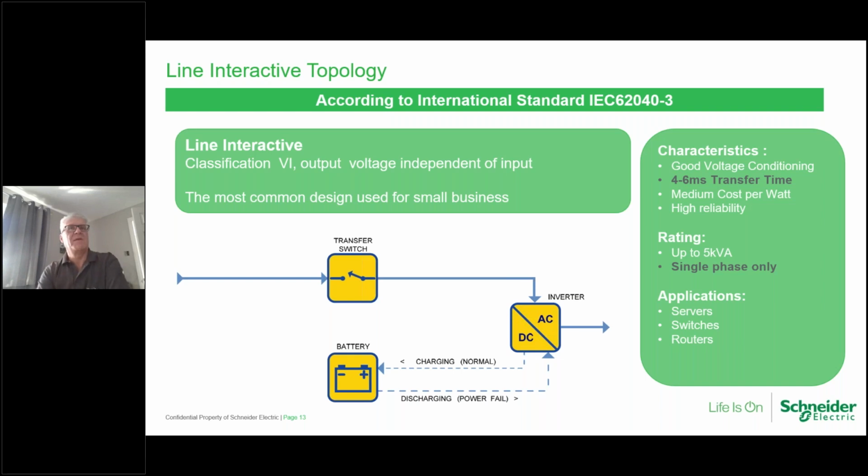Through this inverter we are also charging the battery, and in the event of failure, we do have a transfer time. It's potentially reduced under this topology, but the battery will then provide the power to the inverter and continue to support the load.